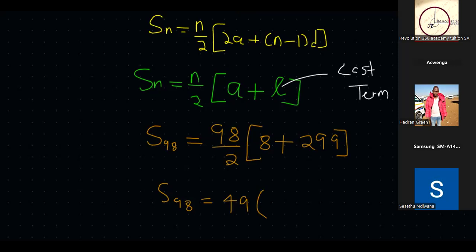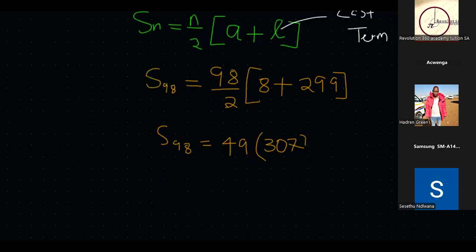Then multiply 49 times 307. Let's see how much you get. Therefore, the sum of 98 terms is 15,043. It means this is the correct answer.